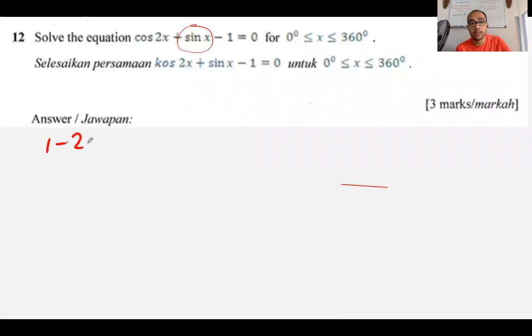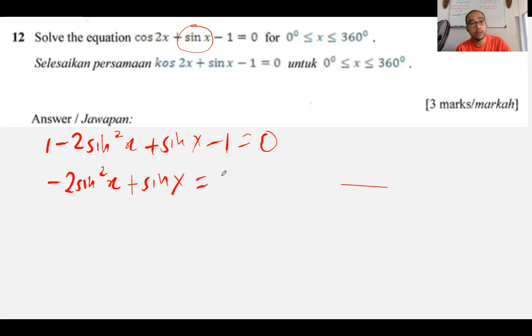So, it will be 1 minus 2 sin squared x plus sin x minus 1 equals to 0. This will give me minus 2 sin squared x plus sin x equals to 0. If I factorize out the sin x, I'll get sin x times negative 2 sin x plus 1 equals to 0.